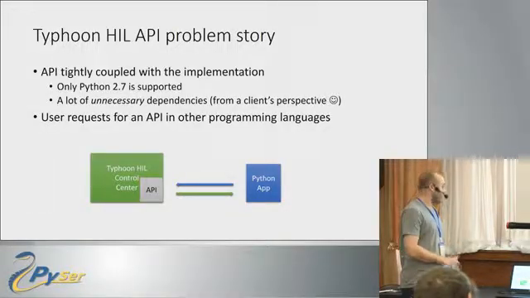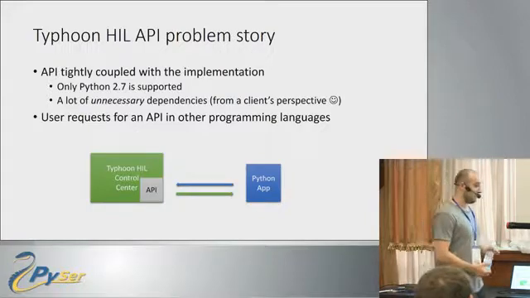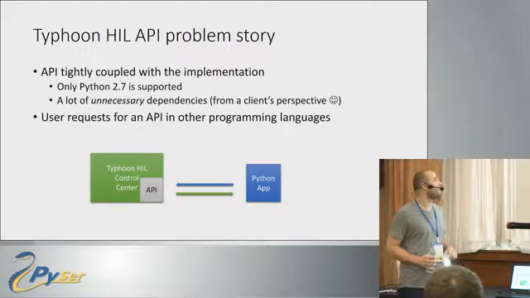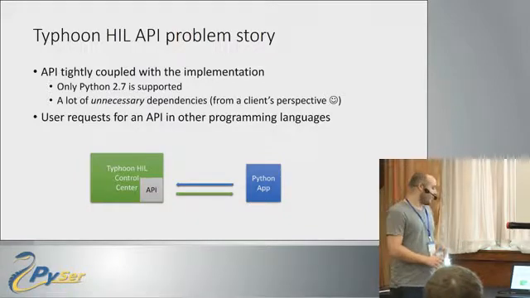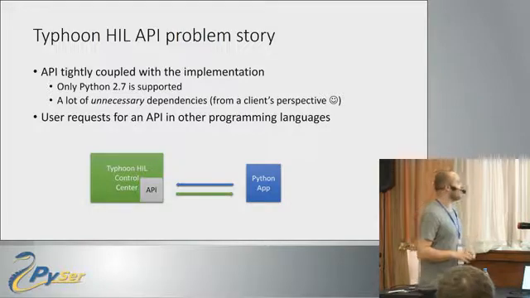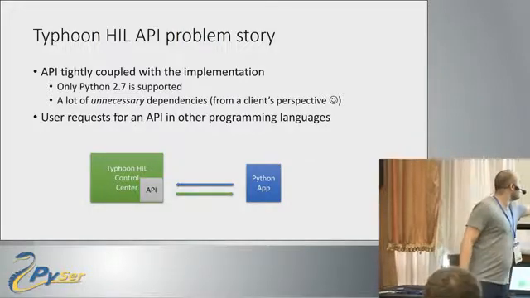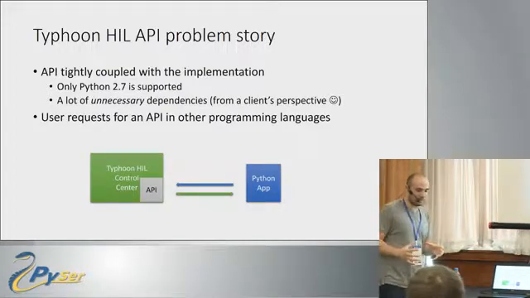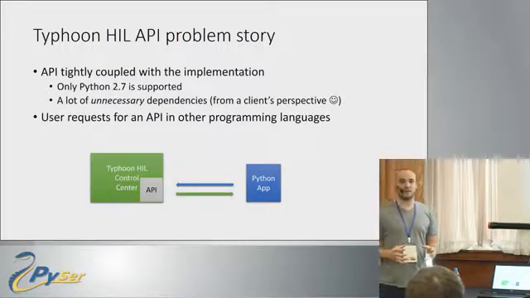So recently we had a really bad problem. Most of our software was written in Python 2.7, and the actual architecture of our software was something like this. We had a large software, and we had an API that was integrated into that software.